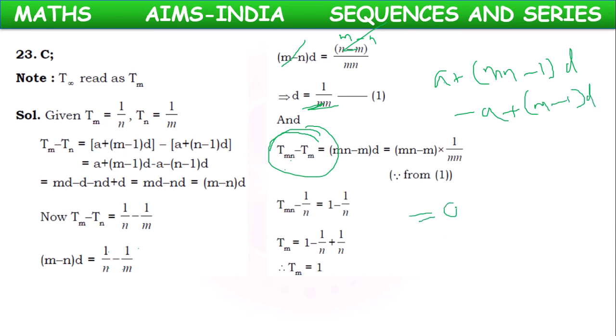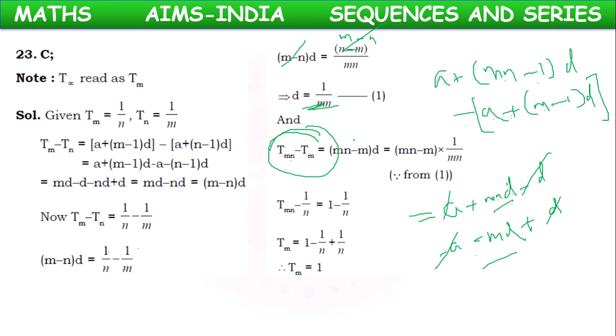If we simplify, a plus mnd minus d, and here the symbols will change: minus a, minus md, plus d. The a cancels, the d's cancel, leaving mnd minus md.